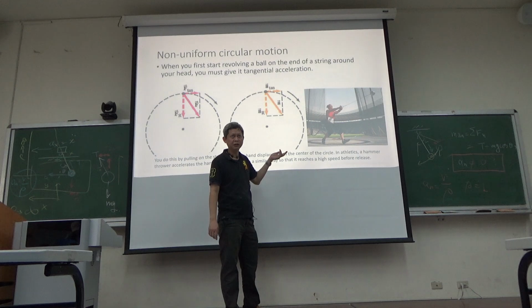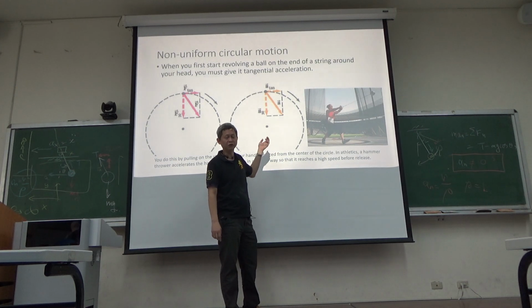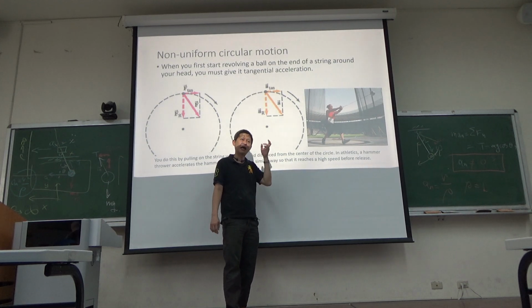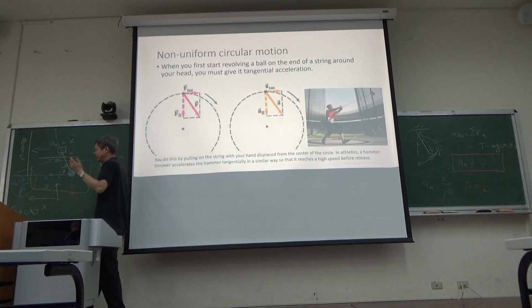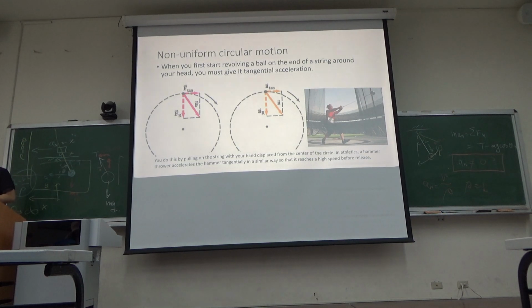One is tangential acceleration, the other is the normal or centripetal acceleration. So they add up to a total acceleration, which is offset from the tangential line of the circular arc.